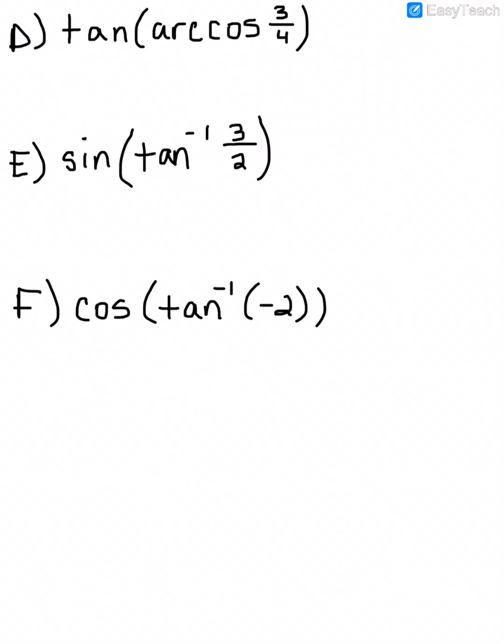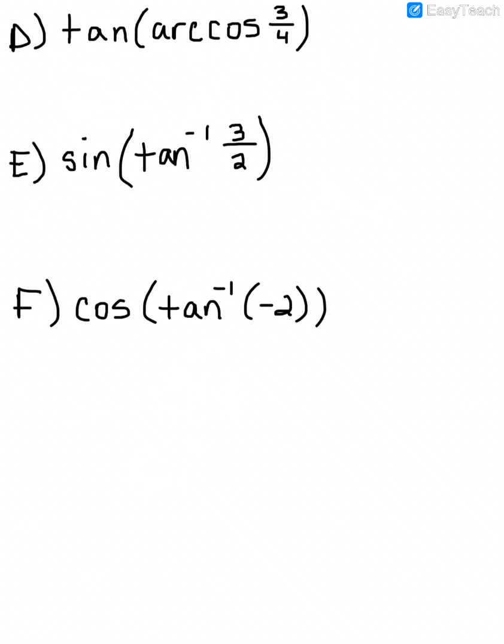Tangent of arc cosine of 3/4. Okay, so now this is not a value that we are used to. So what we're going to have to do is use the Pythagorean theorem to figure this one out. Okay, so since the value inside for cosine is 3 over 4, we know that cosine is the same thing as x over r, if you'll remember back to when we were dealing with triangles.